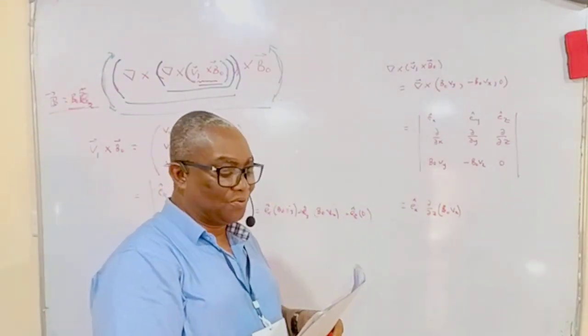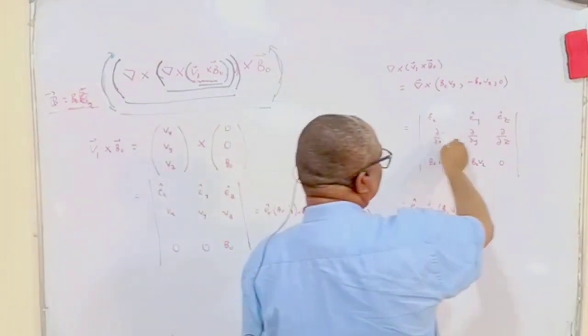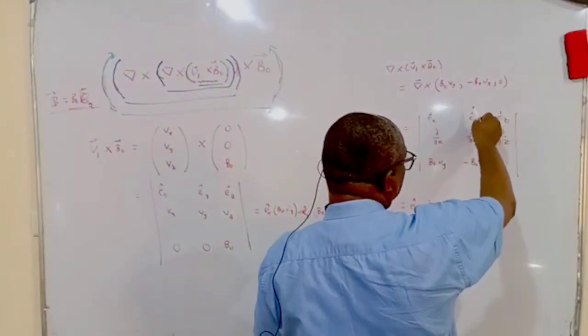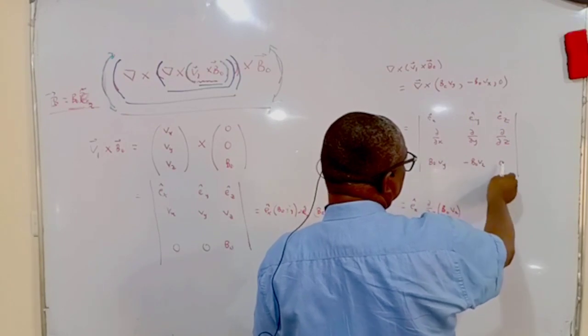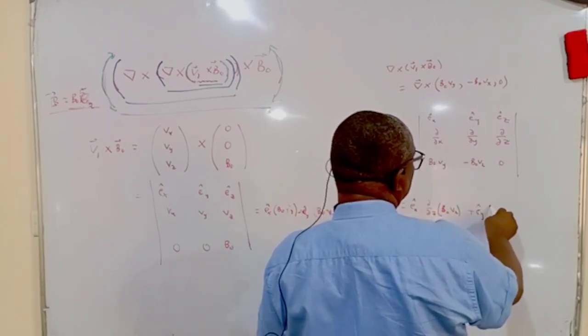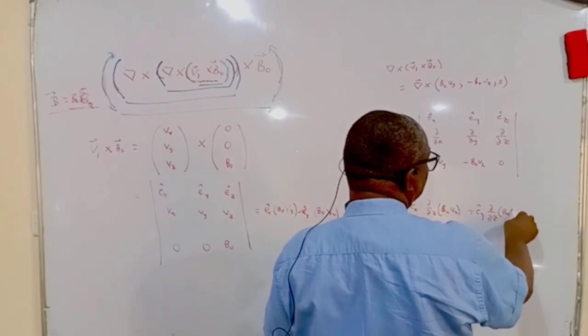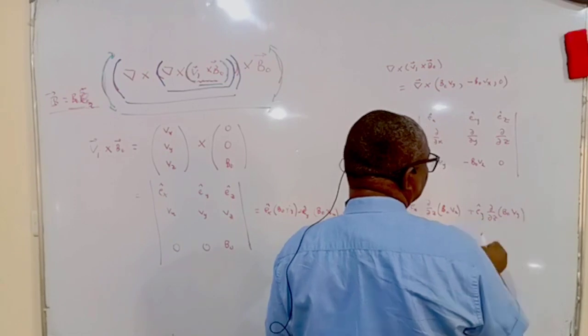The next one will give you, this will go, this will go, this is 0, that becomes plus of EY, partial by partial Z, B0 V of Y.